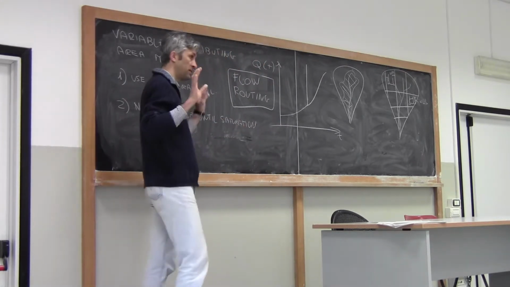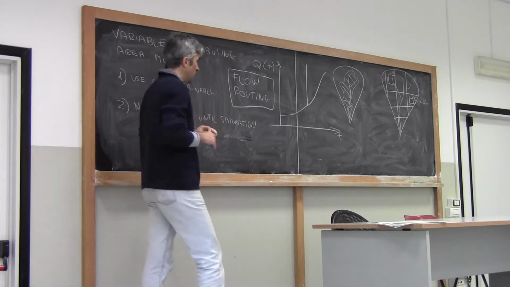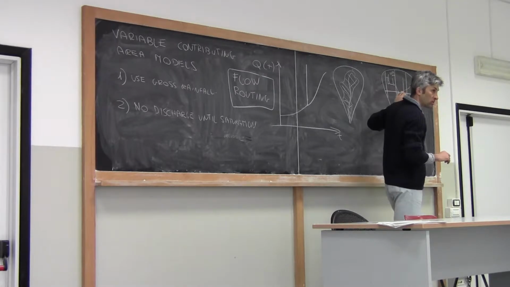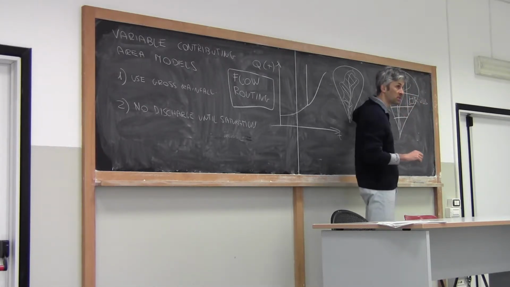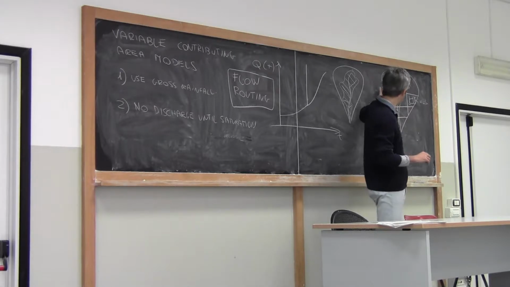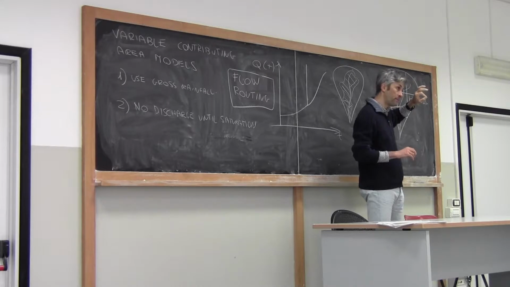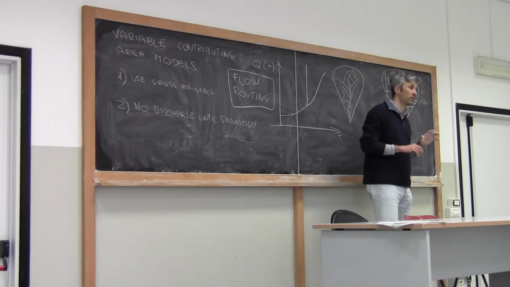Okay, this is a possibility then, but let me illustrate with more details a second possibility, which is based not on a deterministic description of the water storage in each area, each site of the catchment. This is a deterministic description, meaning that I define in a deterministic way the water storage with no uncertainty.